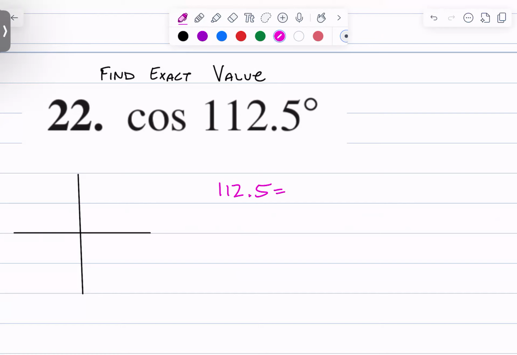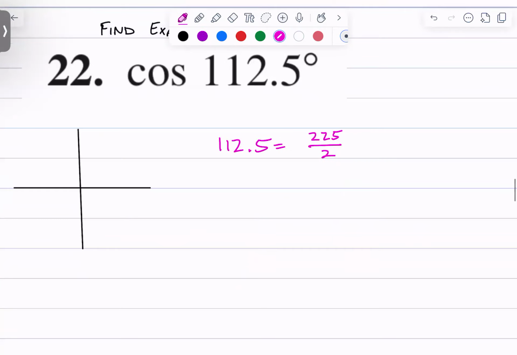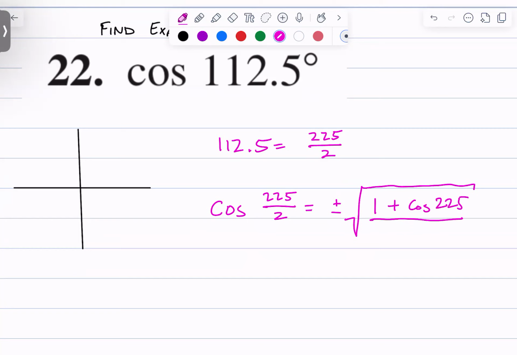So this would be 225 divided by 2, right? 225 divided by 2 equals 112.5. So cosine of 225 divided by 2 equals plus or minus the square root of 1 plus cosine of 225 over 2.